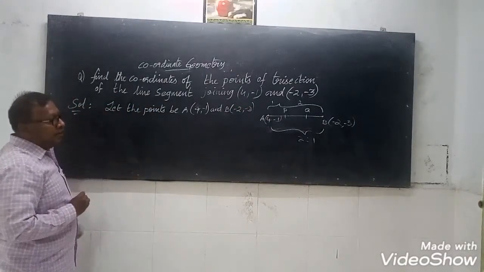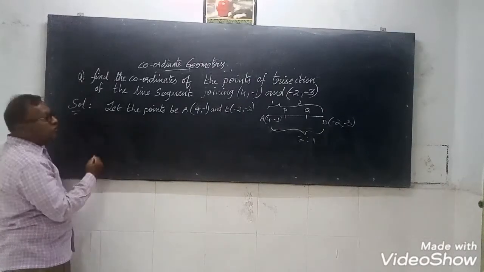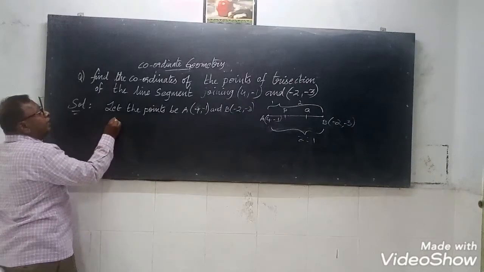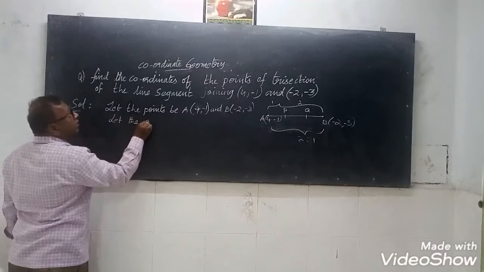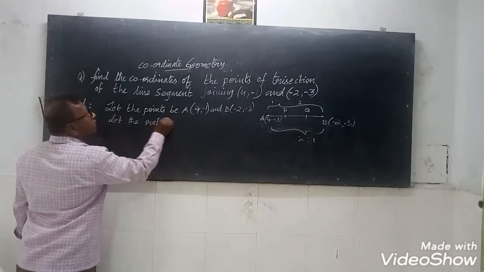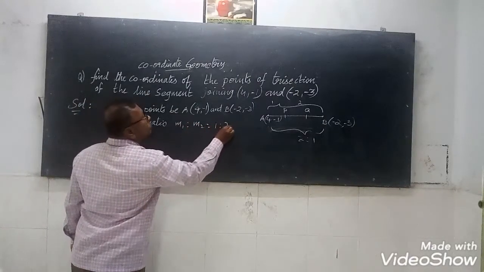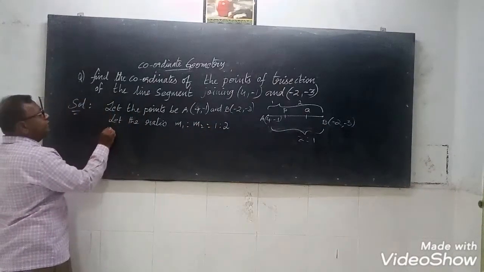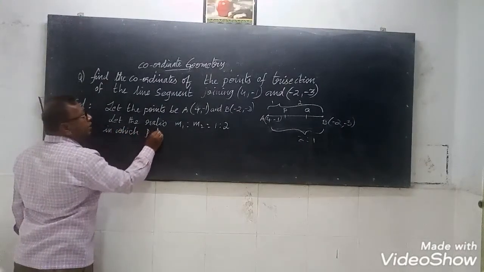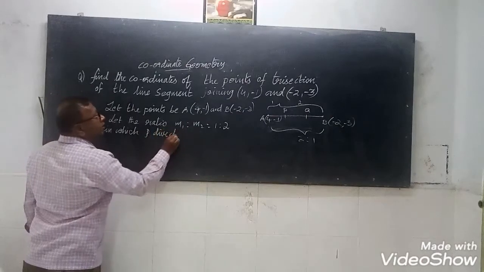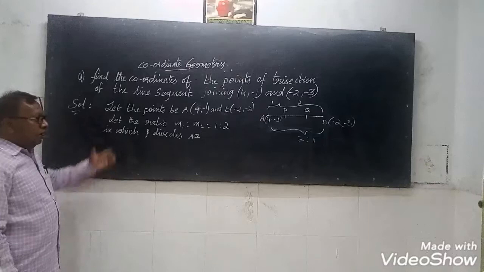P is a point of trisection, dividing AB in the ratio M1 is to M2, let the ratio M1 is to M2 be equal to 1 is to 2, in which P divides AB. Now, how to find it?